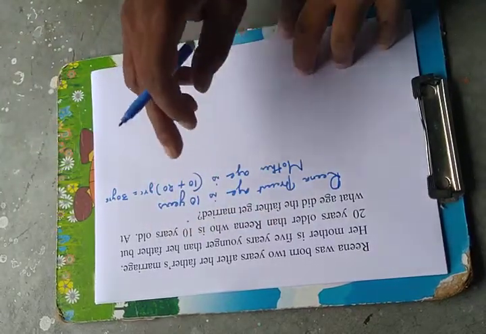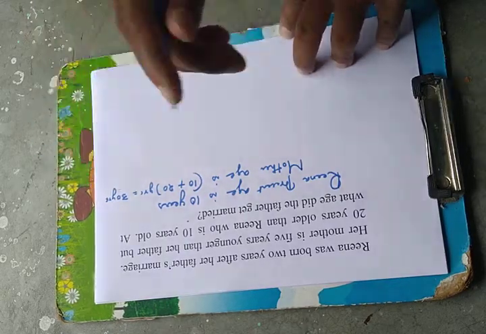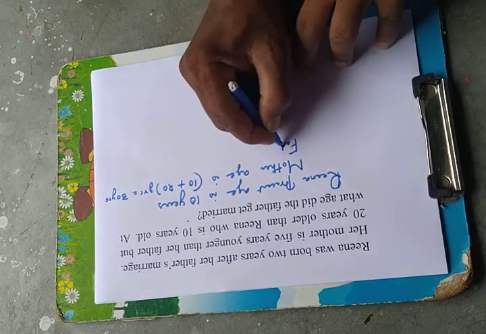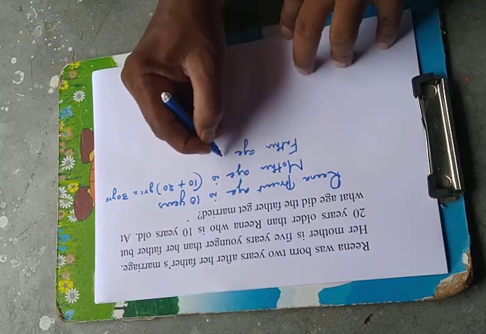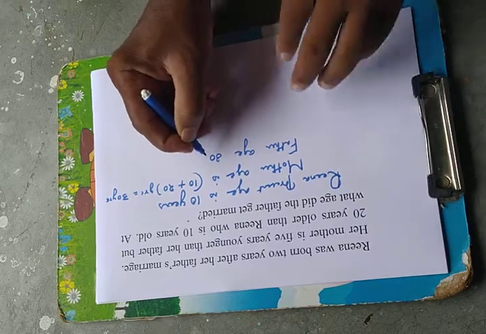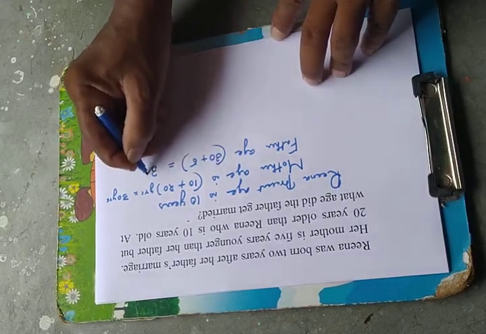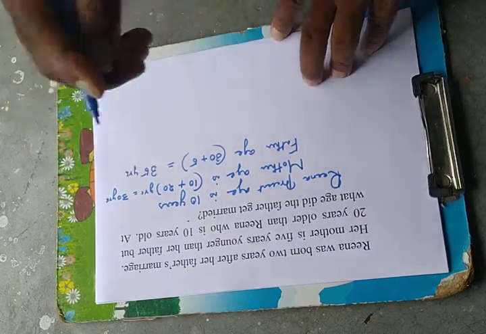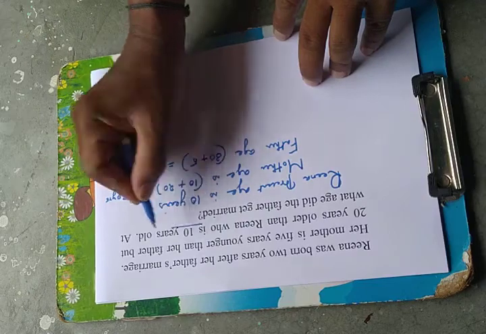Here we got the mother's age. Therefore the father's age will be 30 plus 5, that becomes 35 years. So they have given that Reena's age is 10 years.